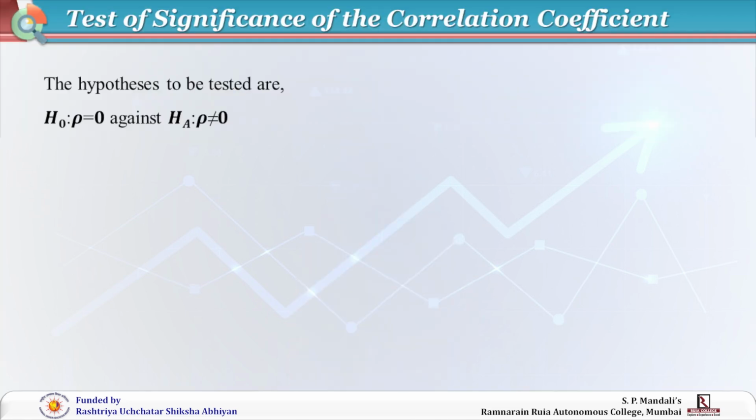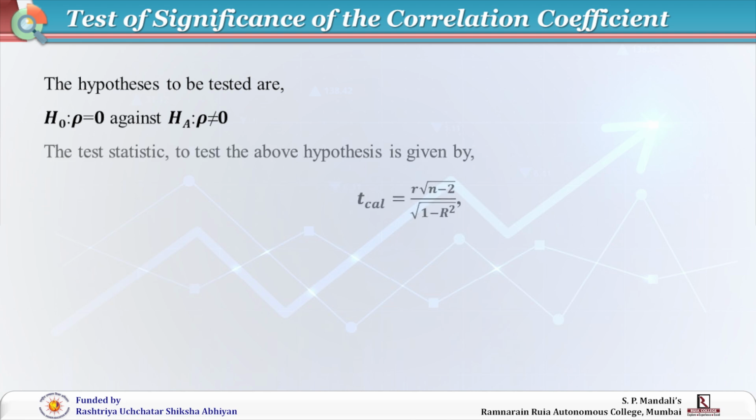To do so, we set up a hypothesis H0, which says that the coefficient of correlation is insignificant in the population, whereas the claimed hypothesis, that is H1 or the alternative hypothesis, is such that rho is not equal to 0, indicating that there is a significant relationship between x and y in the population.